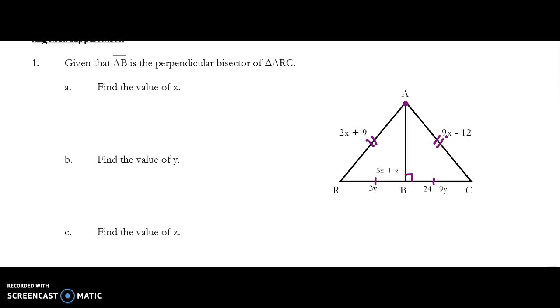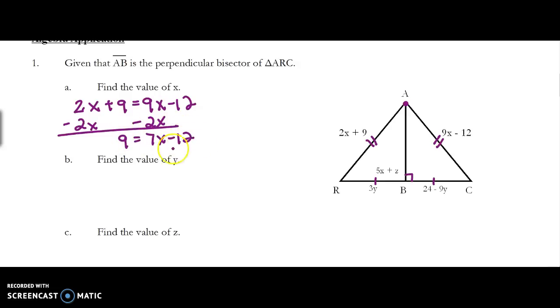So to find the value of x, you would take those two sides, AR, and set it equal to AC, 9x minus 12. So we would go through and solve, and you have 9 equals 7x minus 12. Add 12, so you have 21 equals 7x, and x equals 3.